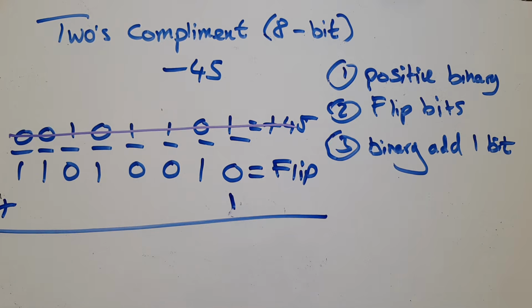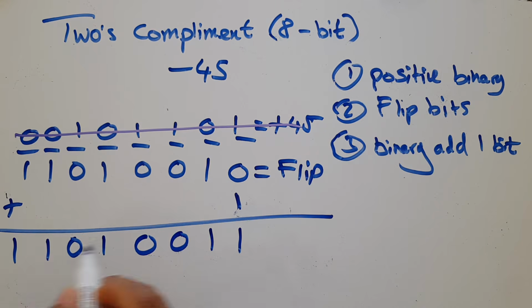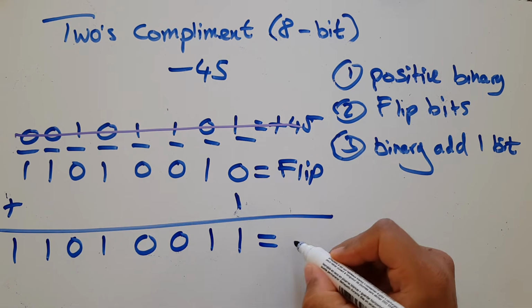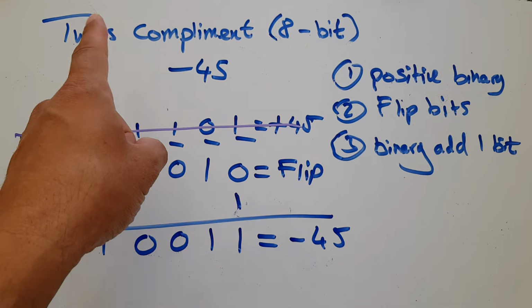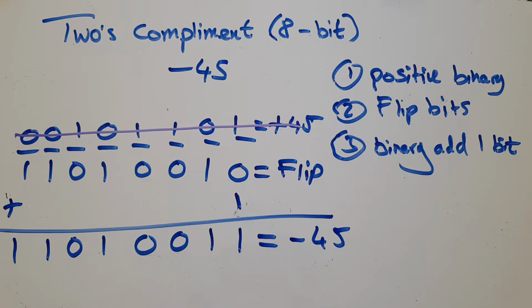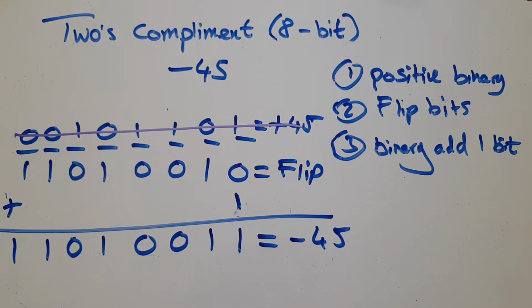So I'm doing an addition. So 1 plus the nothing, well, I drop the 1, and then everything else just drops down. 0, 0, 1, 0, 1, 1. And that should be the binary that represents minus 45 using the 2's complement system. And so that's how we go about doing that.